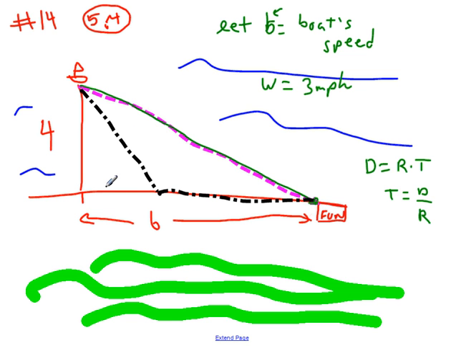So we're going to say, let's let this distance here be y, in which case this is 6 minus y, and 6 minus y is the distance that we're walking. So the time that we're walking is 6 minus y over my rate walking, which is 3.